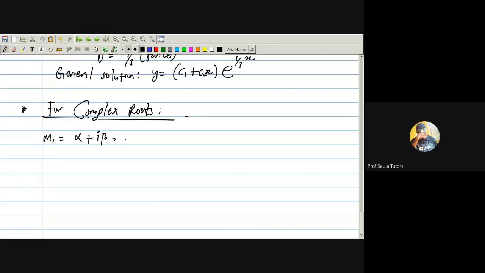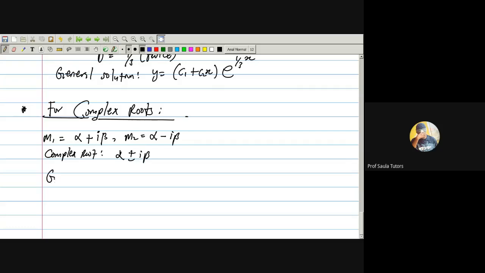Don't forget that the second root will be the conjugate of this complex number, which is alpha minus i beta. Do you remember that fact? You are solving a quadratic equation, you now get a complex number. If the first is this, the second root will be the conjugate. So it means that if you are having a complex root, which is alpha plus or minus i beta, you put these together.